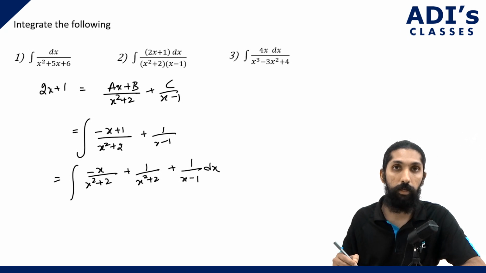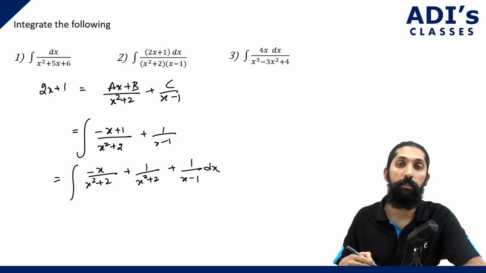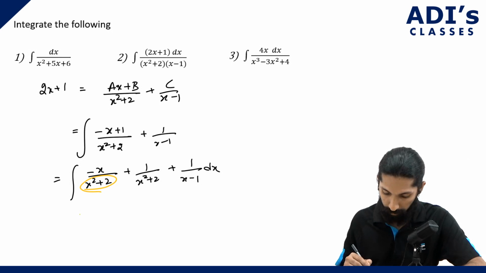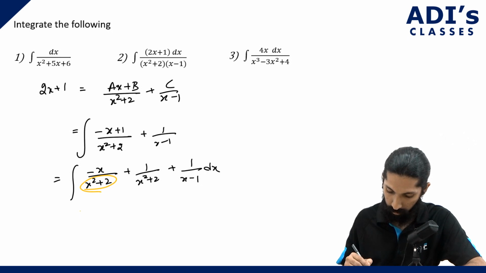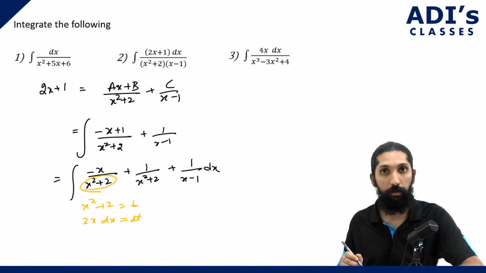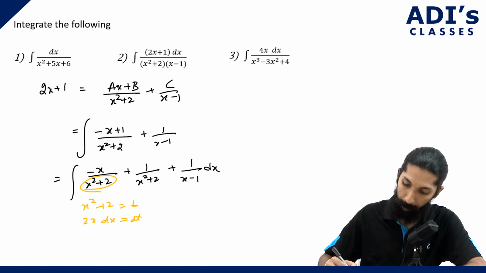Now for this one, the first part, guys, take the substitution method here. Let's say x square plus 2 is t, 2x dx will be equal to dt. So maybe x dx, you guys can write it as half dt, right?